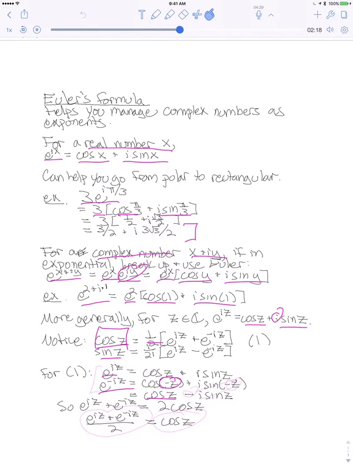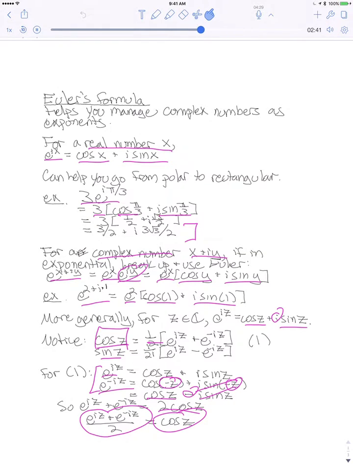And since sine is an odd function, that minus comes out, and it's minus i sine z. So when we add these two quantities together, the i terms cancel out. One is a plus, one is a minus, and we're left with 2 cosine z. Then if we divide by 2 on each side, we get the identity we were trying to show.